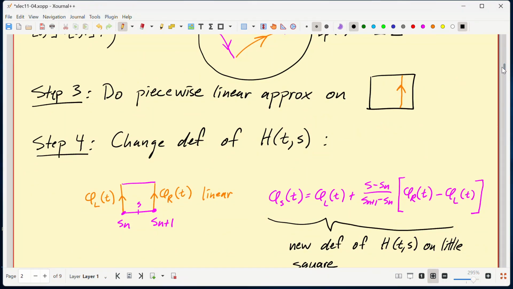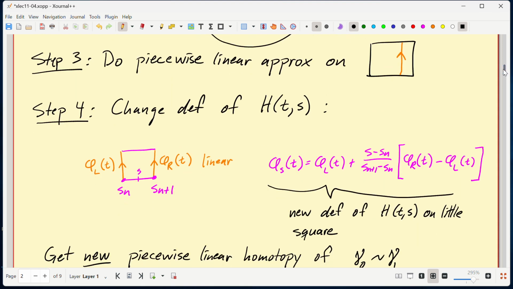And now that I've changed the definition just on the orange curves, I'm going to change the definition of H everywhere. And the idea is kind of like a homotopy. Well, this is the word homotopy. That's a homotopy between the left curve and the right curve. It continuously deforms, but fortunately, that homotopy is linear in the S variable.